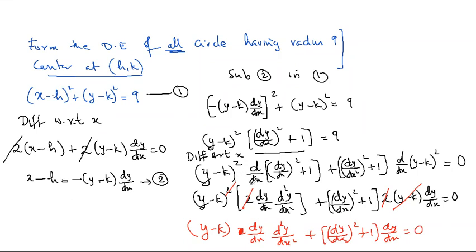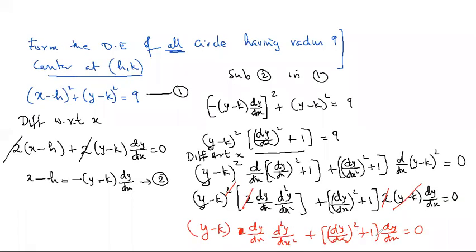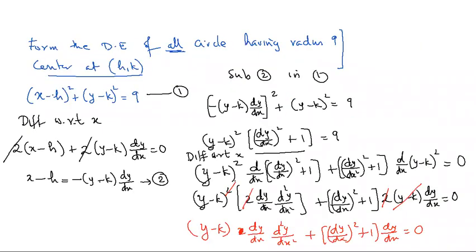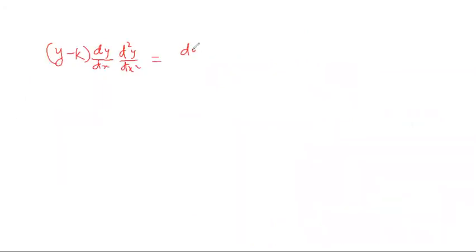Now I want to make y minus k the subject, so I'll write this again on the next page. y minus k into dy by dx into d2y by dx2 is equal to, this will go to the right hand side, dy by dx the whole square plus 1 with a negative sign into dy by dx.